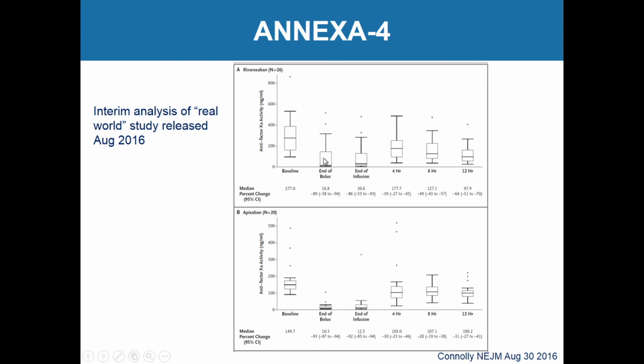Once the bolus was completed, we had a prompt decrease in anti-factor Xa activity in almost all of the patients, with a few outliers, in those patients treated with rivaroxaban versus all of the patients treated with apixaban. Then, after the 2-hour infusion, there was a bump up in the anticoagulant activity of either rivaroxaban or apixaban, but andexanet was able to suppress the anticoagulant activity during the bolus and the 2-hour infusion.